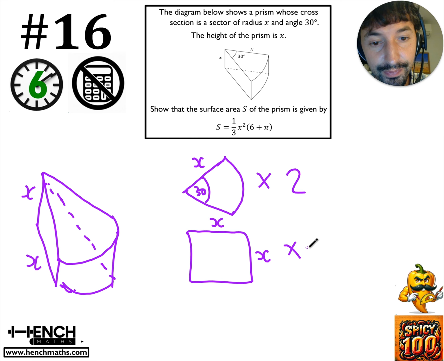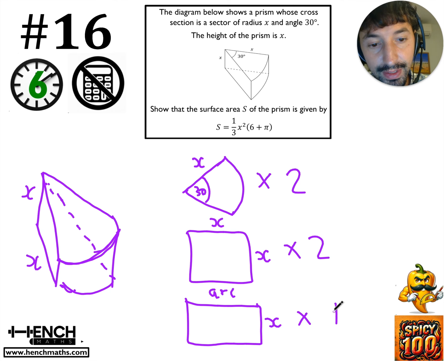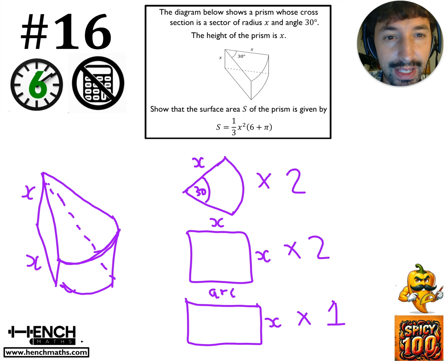We've got 2 of those. And then we've also got the rectangle which is around this arc. So you've got the arc of the circle, and I'm just going to label it arc there, and then the height of x, and we've only got 1 of those. So if we can find an expression for these 5 sides of our solid, then we'll be able to get this expression for the surface area in terms of x.